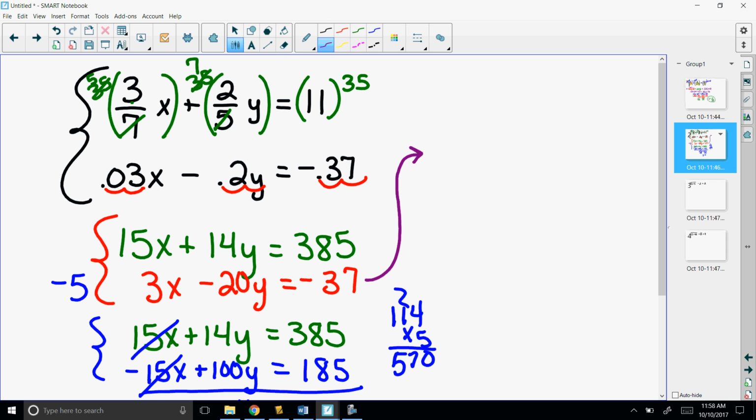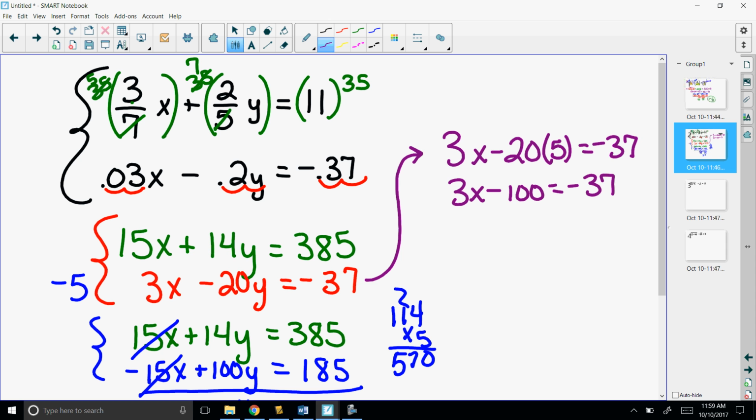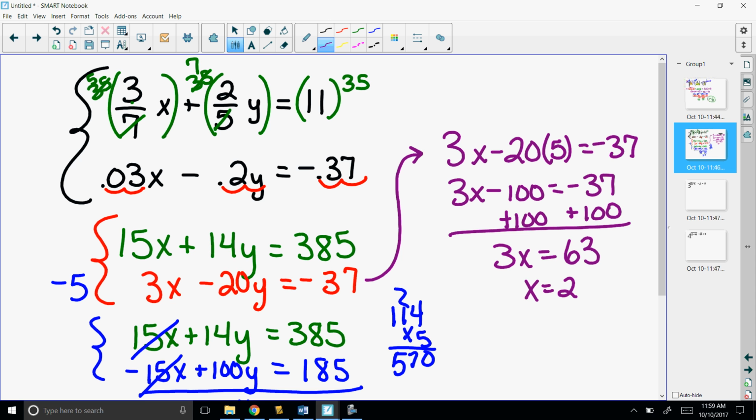And we found out which value is 5? Y is 5. So we're going to have 3x minus 20 times y, which is 5, is equal to negative 37. So 3x minus 100 equals negative 37. So you're going to add 100. 3x is equal to 63. So x is equal to 21.